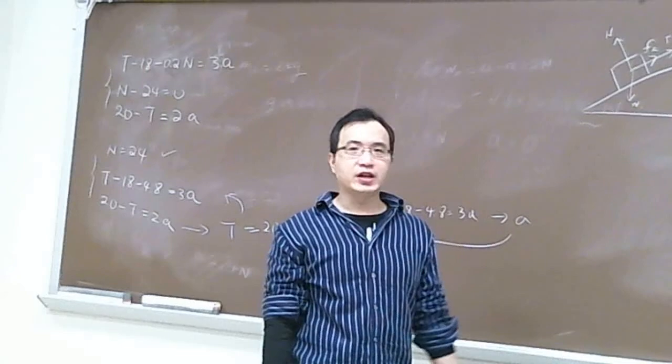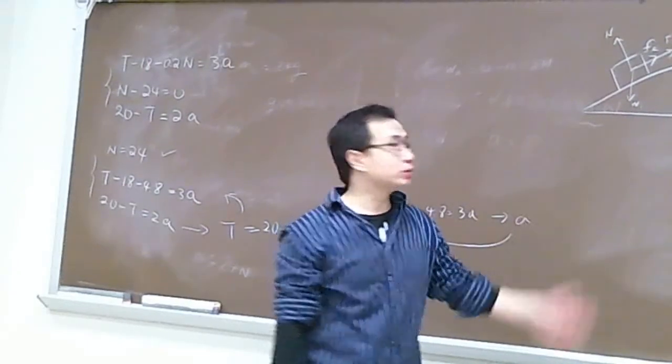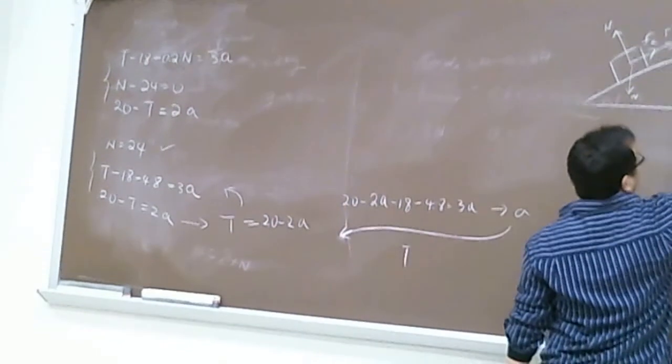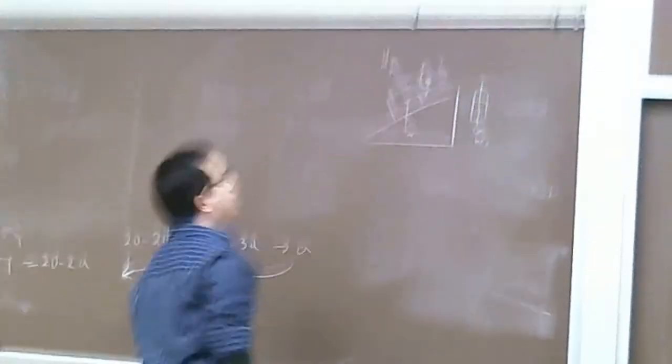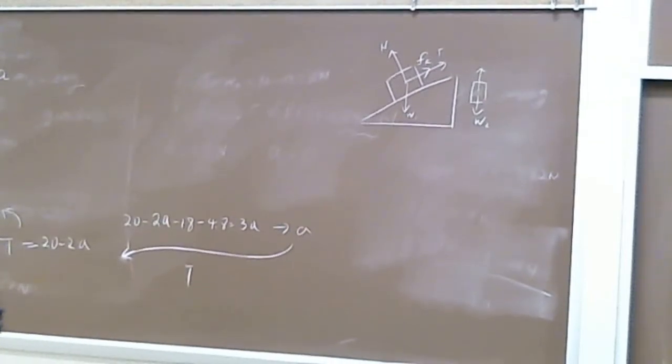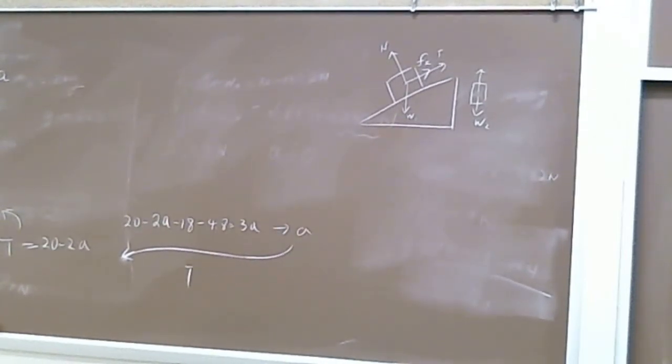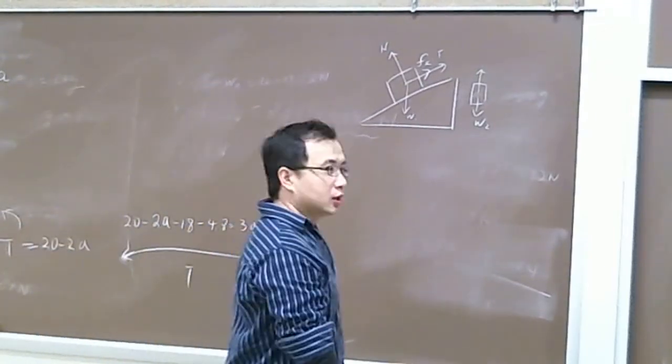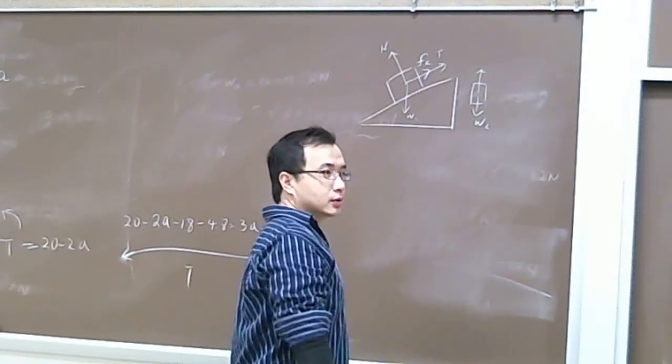Again, it has a definite value, mu k multiplied by n. And this one, you still have T minus W2. So almost the same, all the procedures.